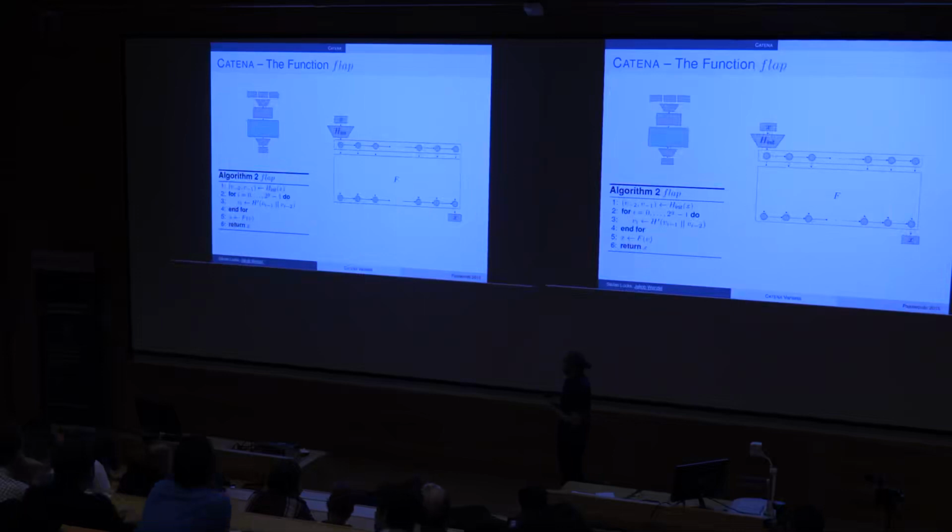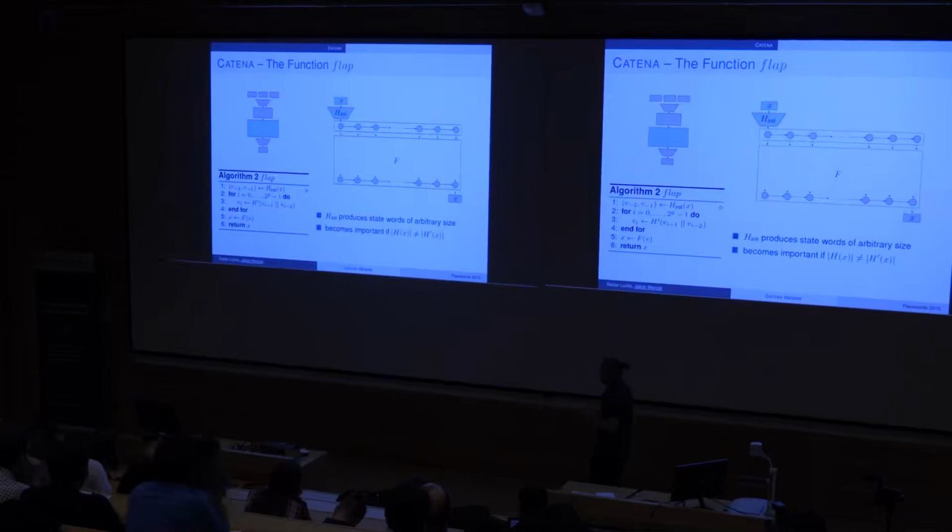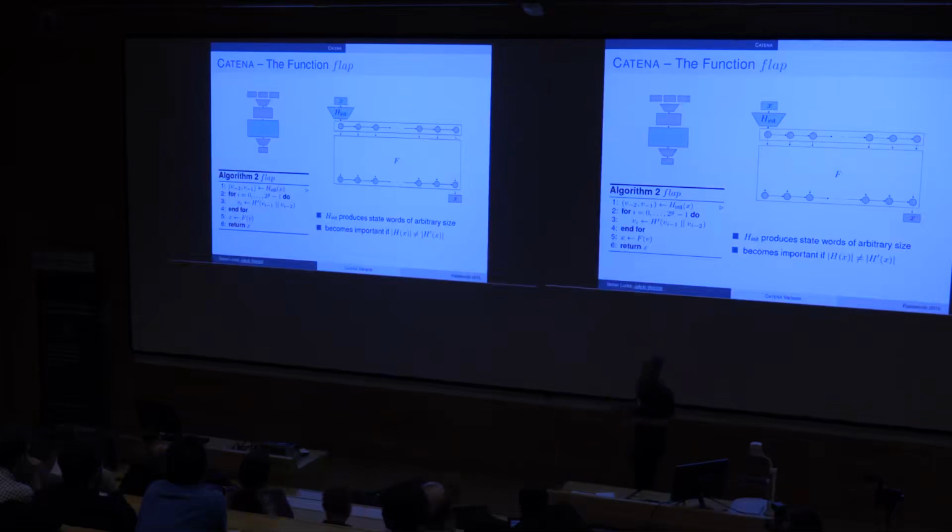Then to the core of Catena, we have, as I said, the big part here. This looks like a graph-based structure where we process the output of the former call to flap. And then we have some sequential layer here. Sorry, one thing. This hash function uses the cryptographic hash function H and produces state words of arbitrary size, because we use different hash functions.